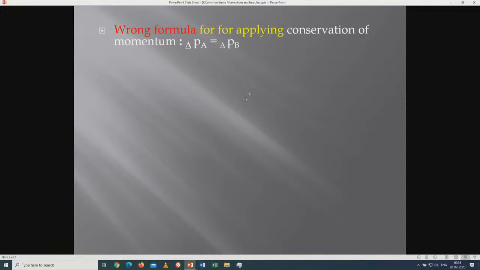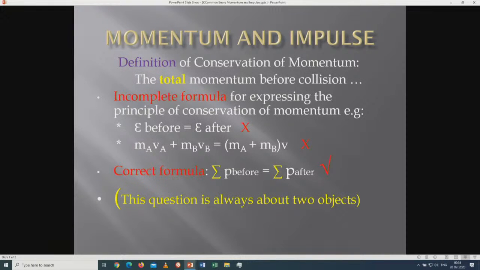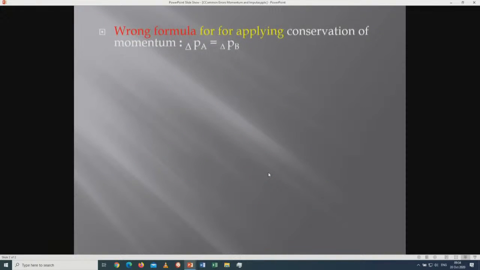Right. Now, again, I just remind you, please don't use this formula for a simple question on the conservation of momentum. What is the problem here? This is a wrong formula.